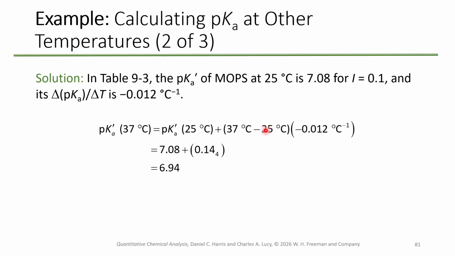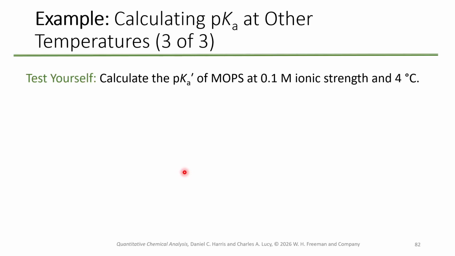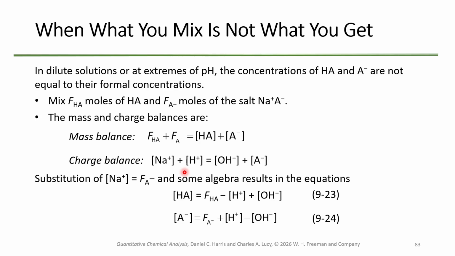So we take those difference, we multiply by that, and then what we're going to do is we're going to subtract the table value there. So we get negative times a negative. That's going to give us a positive here. We add that value to the 7.08 from the table, and that's going to give us 6.94. So that's going to be our pKa at 37 degrees Celsius. Okay.